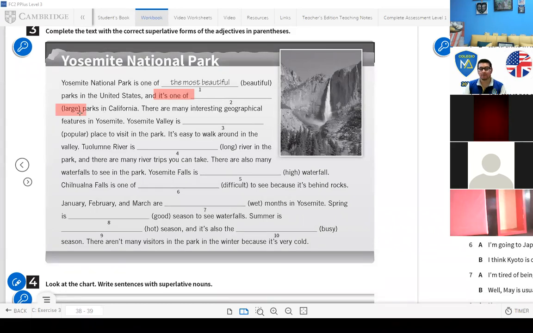You don't know? What's the superlative? ¿Qué utilizamos cuando hablamos de superlative? Largest. Yeah, you use the, and then you use large, y le agregas EST. Ya está, se convirtió en superlative. A menos que sea un adjetivo largo como beautiful, y en ese caso utilizas the most beautiful. ¿Ya? The largest park in California, there are many interesting geographical features in Yosemite. Yosemite Valley is with popular. What do you use?